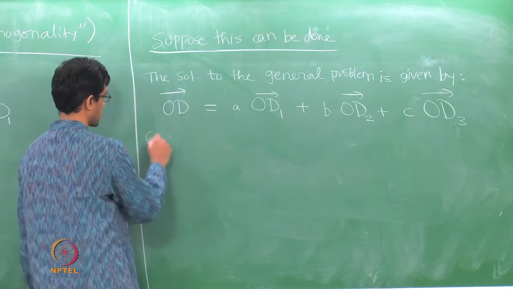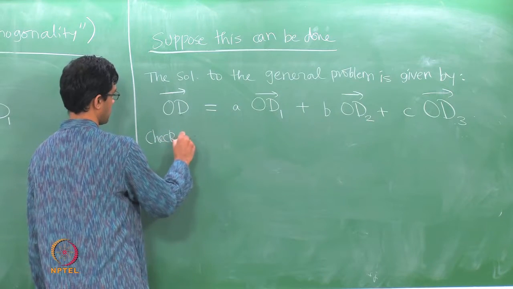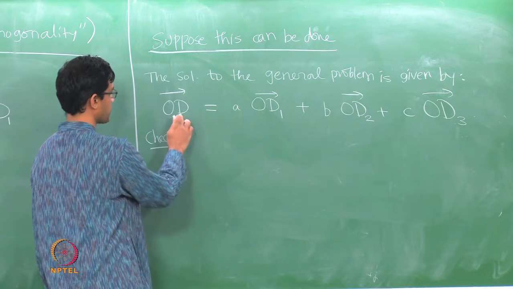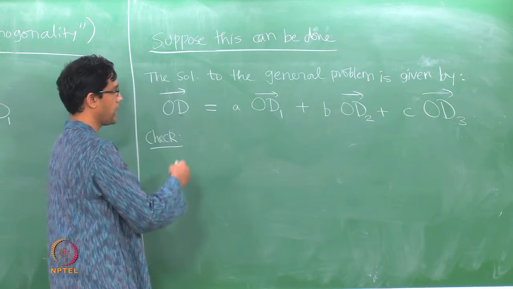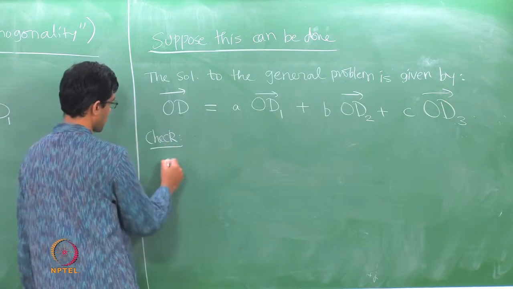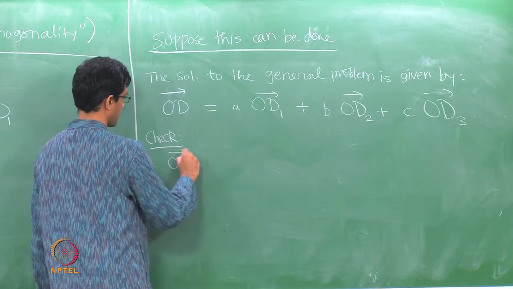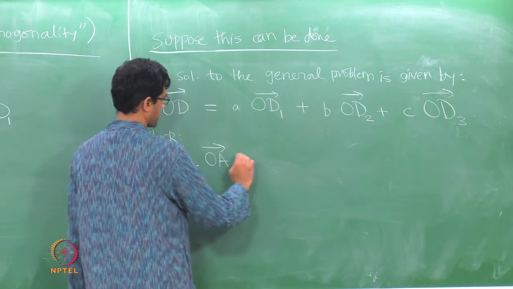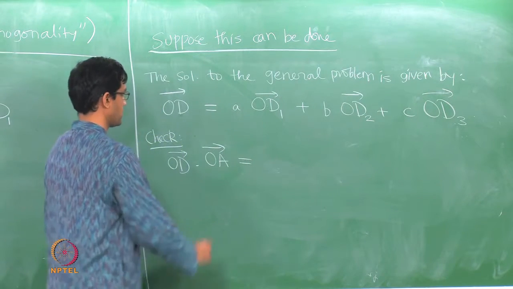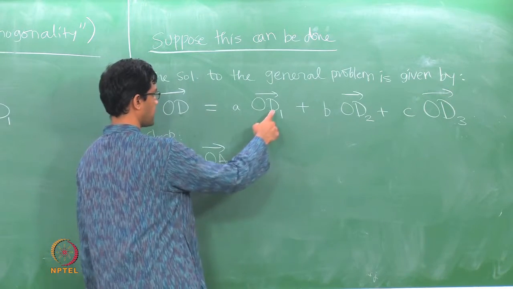Okay. So let us check that this is in fact true. What do we need this point D to satisfy? It needs to have prescribed dot products with OA, OB and OC. So let us compute OD dot product with OA. Let us see whether this answer is exactly A. So observe the property of D1.